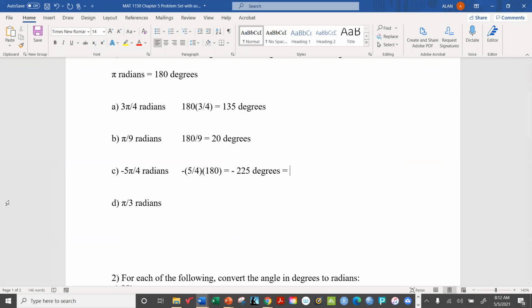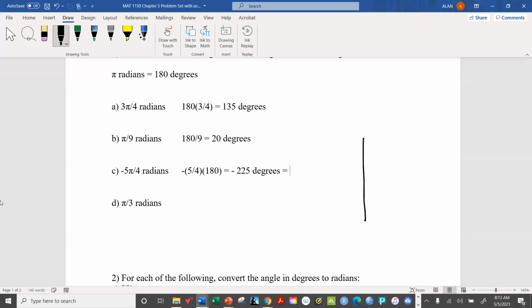So what does negative mean? Okay, negative means you're going in a clockwise direction. Okay, so let's see. So this angle that I'm drawing here is a total of 225 because it's 45 here.